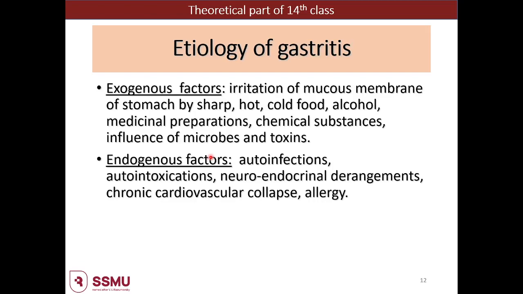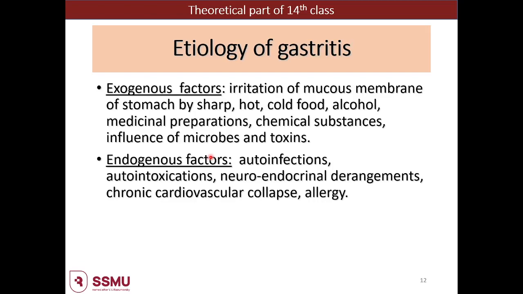Autoinfections may be associated with imbalance of the immune system. Autointoxication may be associated with kidney failure, and we will discuss it when we discuss the kidney. Neuroendocrinal derangements are associated with really huge production of corticosteroids, and corticosteroids lead to hypersecretion in the stomach.